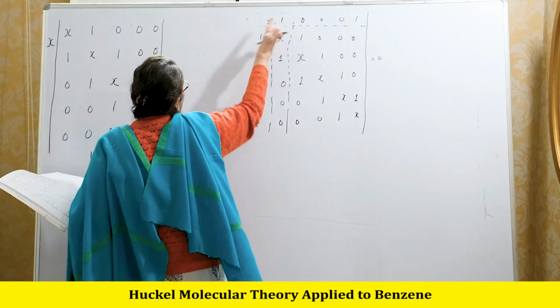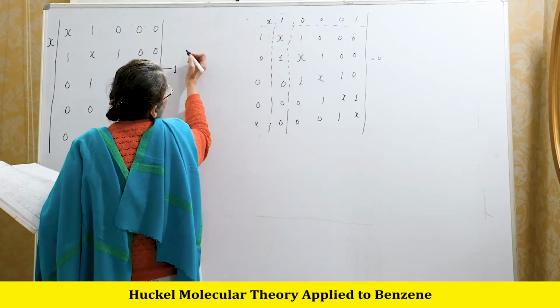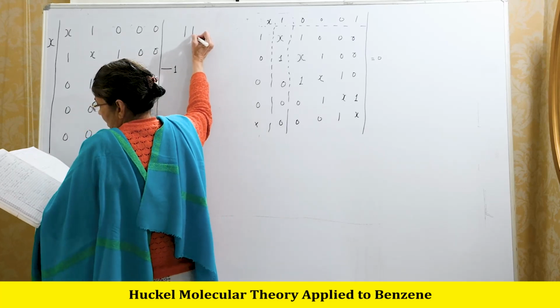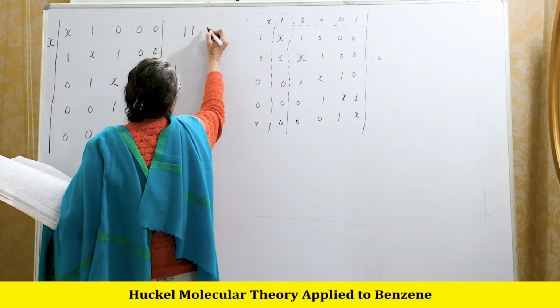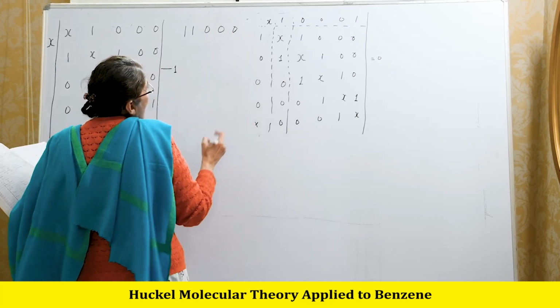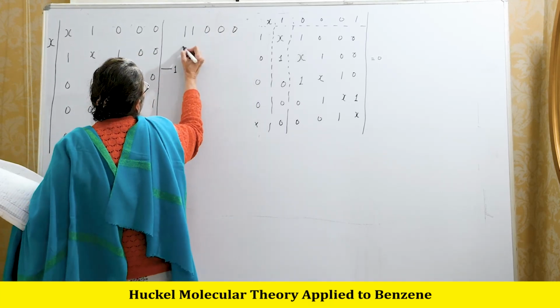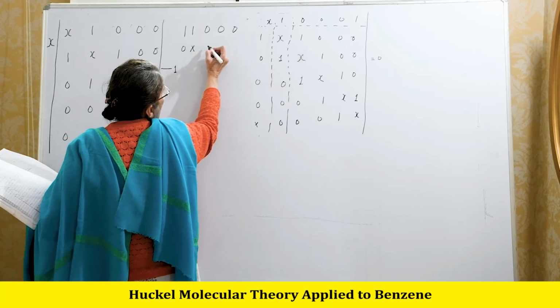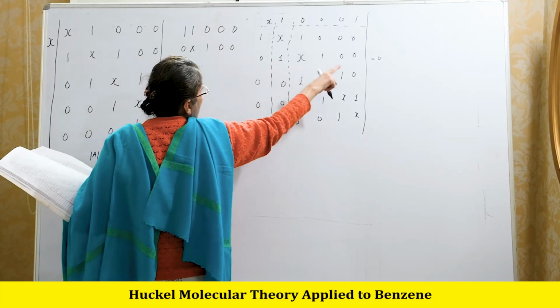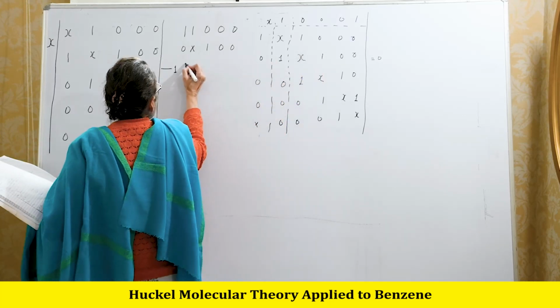Now this is for -1, so we get 1 1 0 0 0 1 1 0 0 0 and 0 x, 1 0 0 0 x 1 0 0 0 1 x.